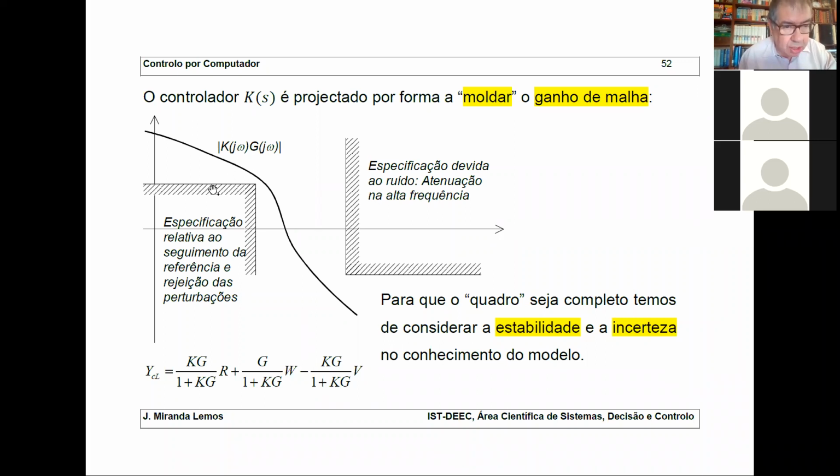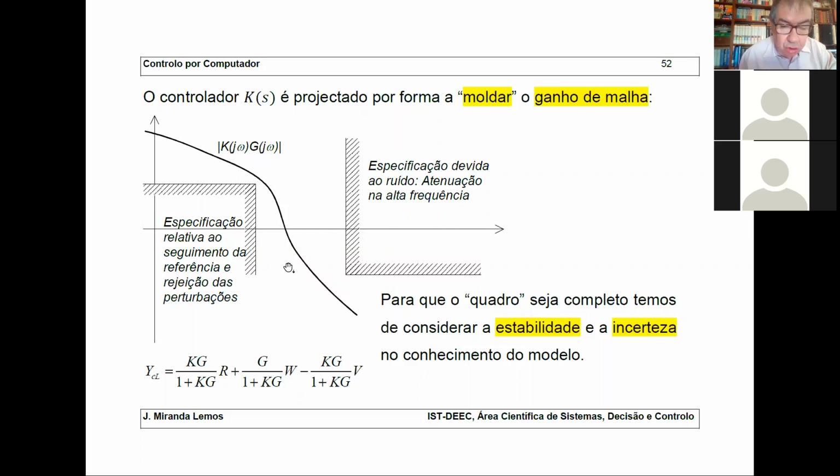So I could select the frequency limit of the band in which kg is big to be as high as possible. So instead of having this frequency in this point, I move it, say, to here. So I have a kg big, big, big, and then it falls very fast because of the noise. Now, we have one problem that we should not forget, which is stability.